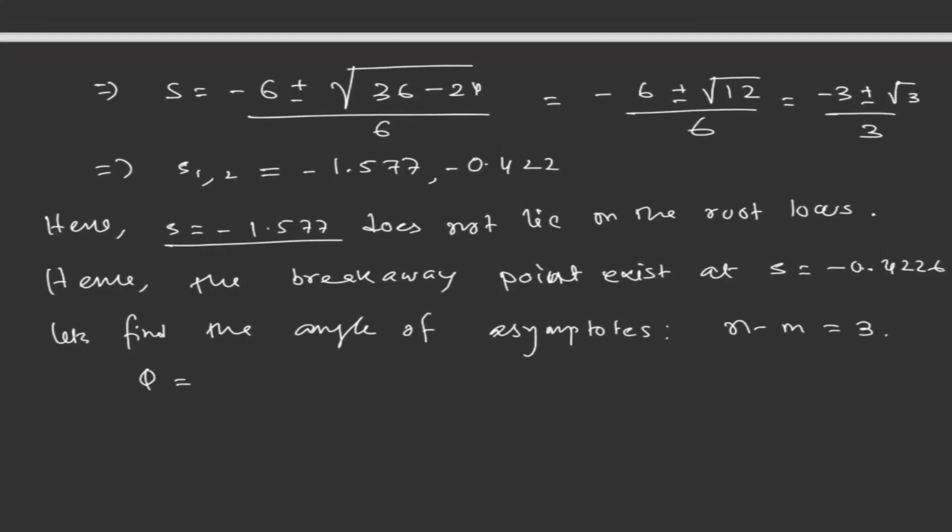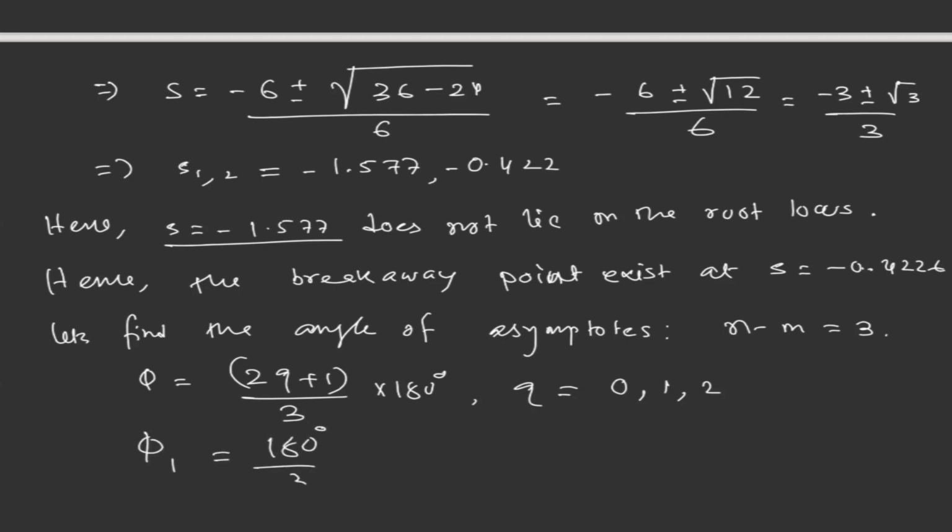Phi equal to (2q plus 1) divided by 3 into 180 degrees, where q equal to 0, 1, 2. So for q equal to 0, phi 1 yields 180 degrees divided by 3, which is 60 degrees.